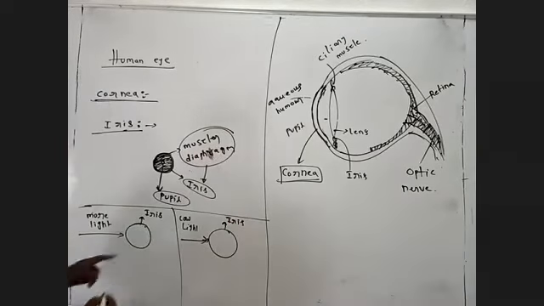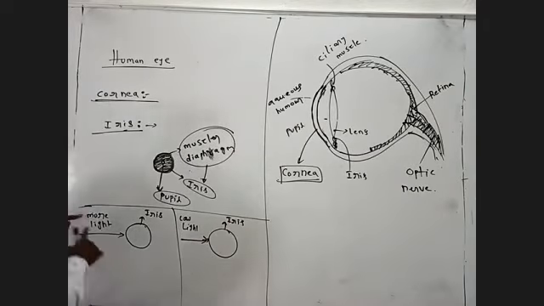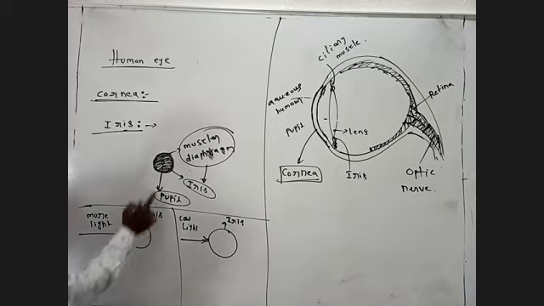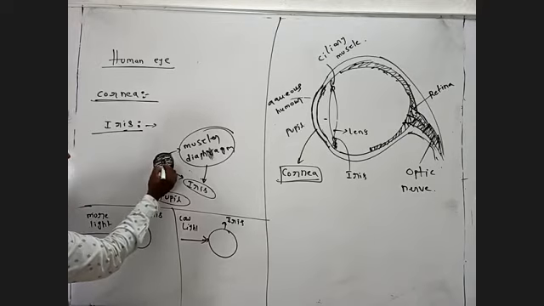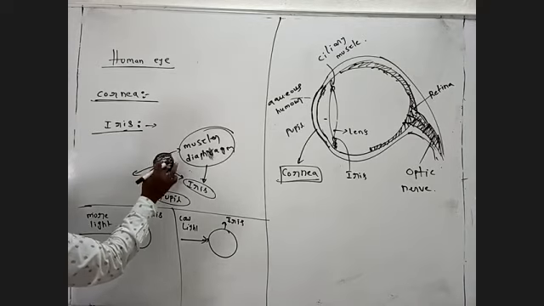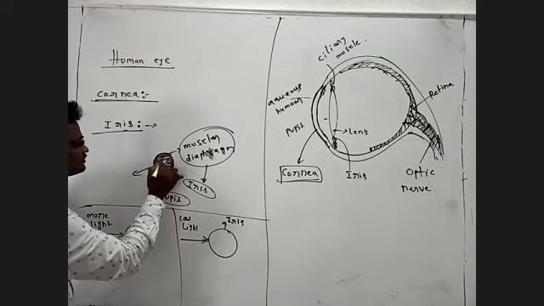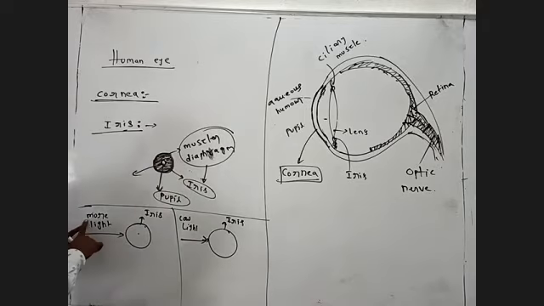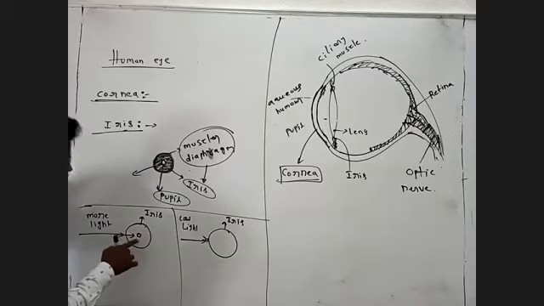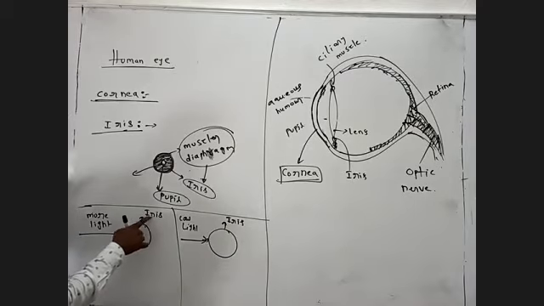You see, more light falls on the eye, and this is the size of the pupil. Now more light falls on the iris. More light falls on the pupil. So what is the iris?